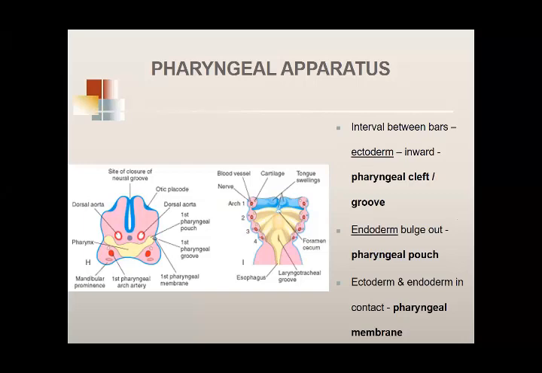Look here, this is one bar, this is the other bar, right and left side. The first bar is this, so this is the first arch. This would be the condensed mesenchyme, but in between, this is loose mesenchyme. Now whether it is condensed mesenchyme or loose mesenchyme, it is lined on the inside by endoderm and on the outside by ectoderm.